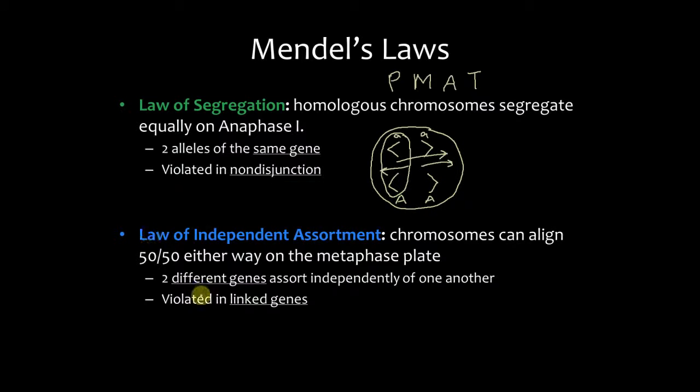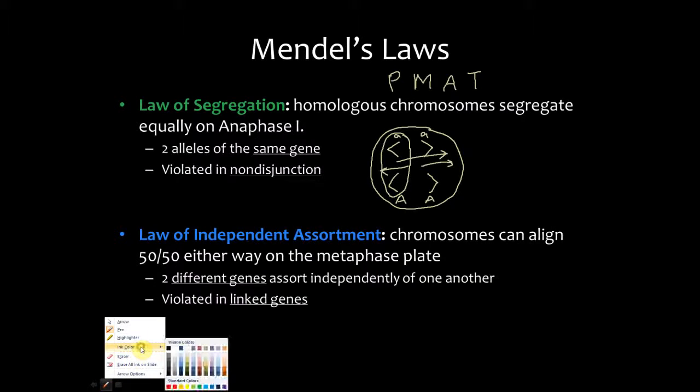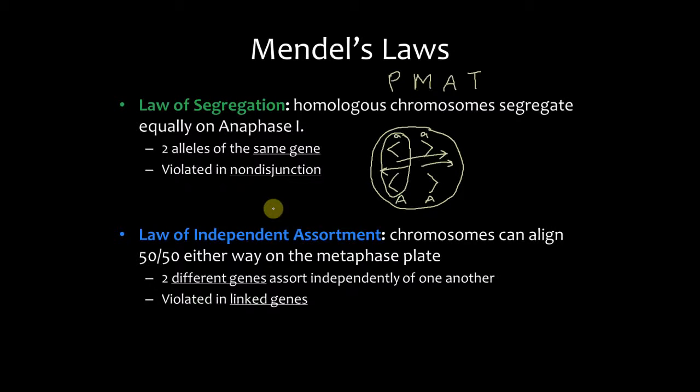Alright, the law of independent assortment, on the other hand, is that chromosomes can line up 50-50 either way on the metaphase plate. So let's draw a picture of what that would look like, and let's do that in blue. Let's say that we are in metaphase 1 of meiosis, so not mitosis.